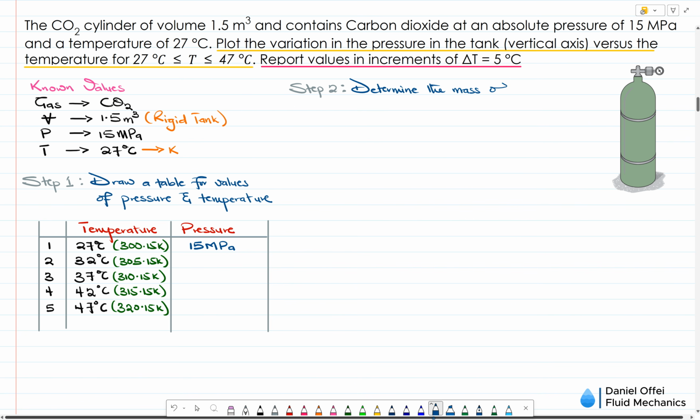Then let's determine the mass of carbon dioxide in the tank. Then we can use that to determine the density of the carbon dioxide in the tank.